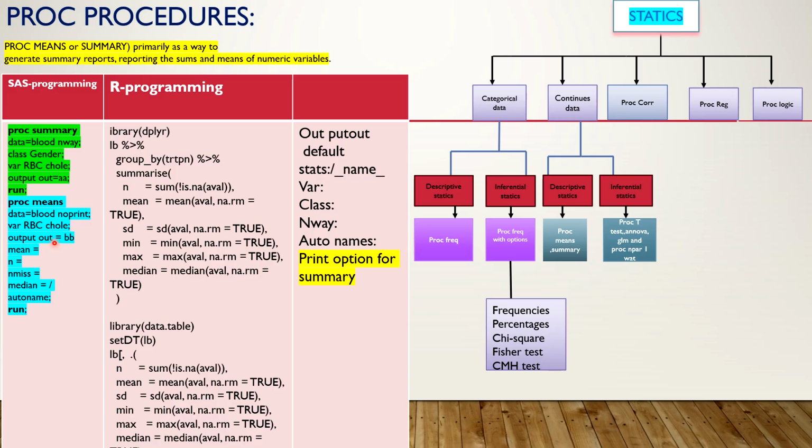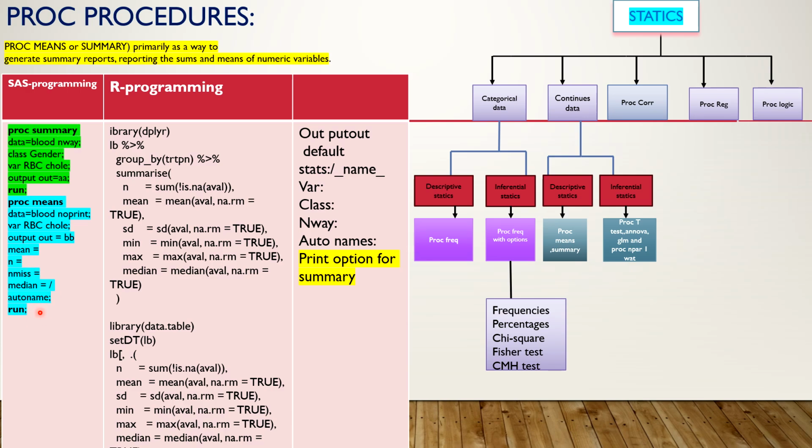Here I mentioned output out equal to the new data set name. If you write mean equal to, n equal to, nmiss equal to, median equal to, slash autoname, it will automatically take names like RBC_mean, RBC_n, RBC_nmiss.